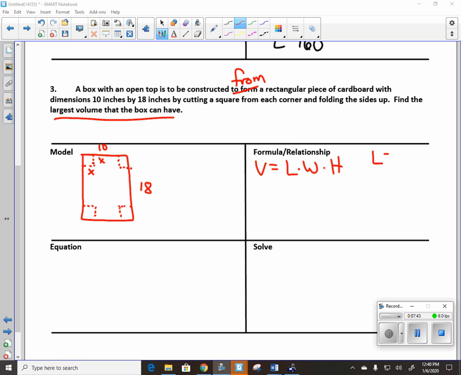So length, width, height. I have this length. The length of the box can be 18, more than 18, or less than 18. How much? 18 minus 2x. Width?